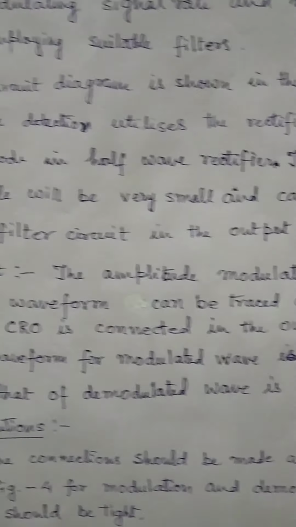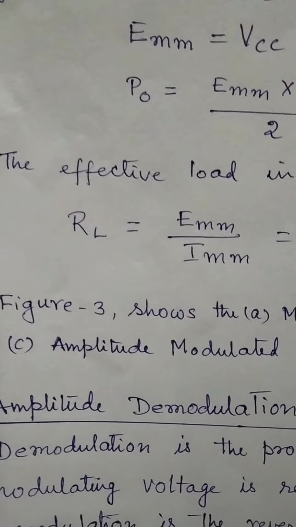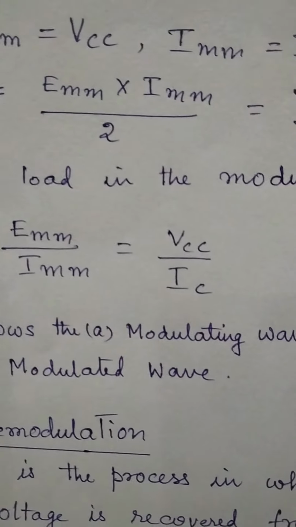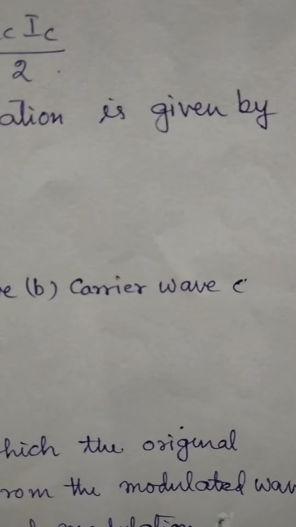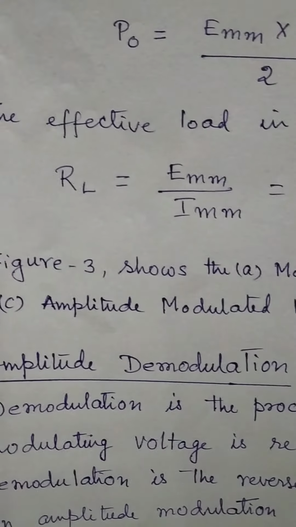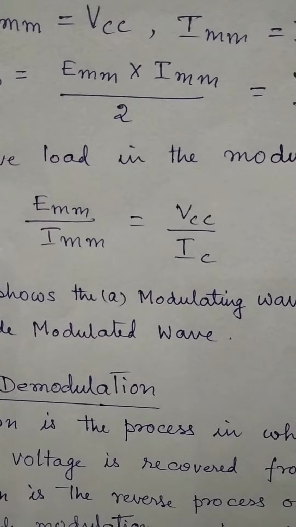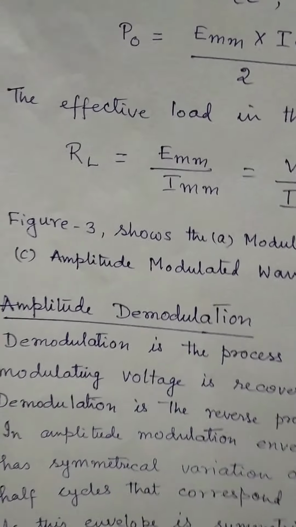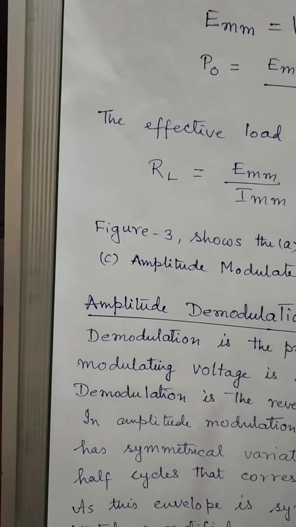In figure 3, A denotes the modulating wave, B denotes the carrier wave, and the third figure shows the amplitude modulated wave. Now this is all about amplitude modulation.